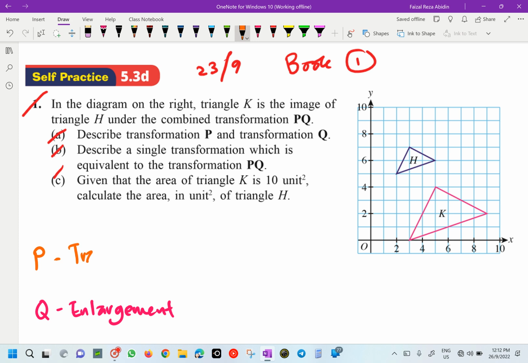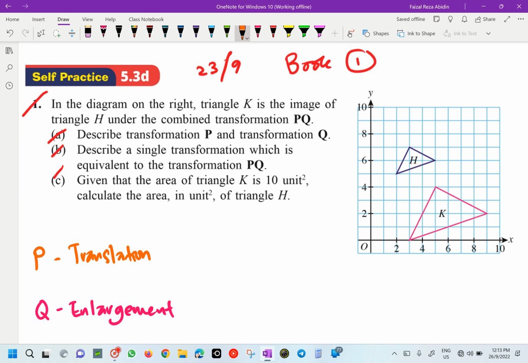Translation. Translation, where is the center? Translation is going to have a vector, isn't it? Transformation is going to have four: translation, rotation, reflection, and enlargement.